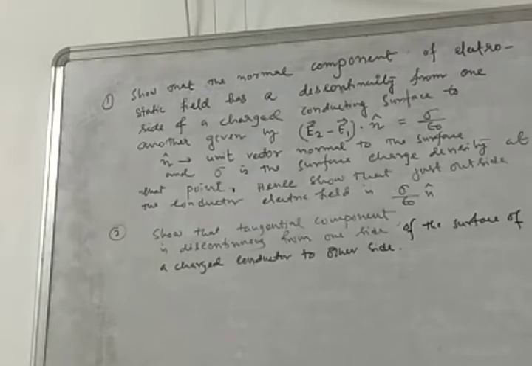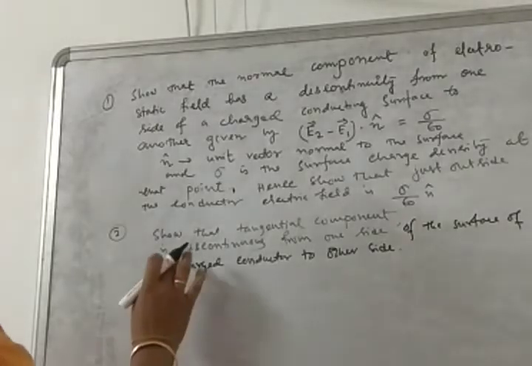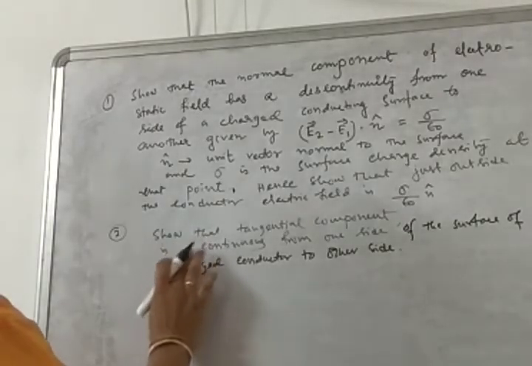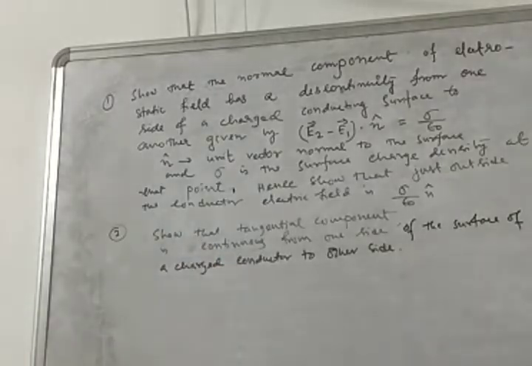That means the problem is, for a normal component it has a discontinuity, but the tangential component is not discontinuous, it is continuous. Sorry, I said it wrong. Normal component is discontinuous and tangential component is continuous.